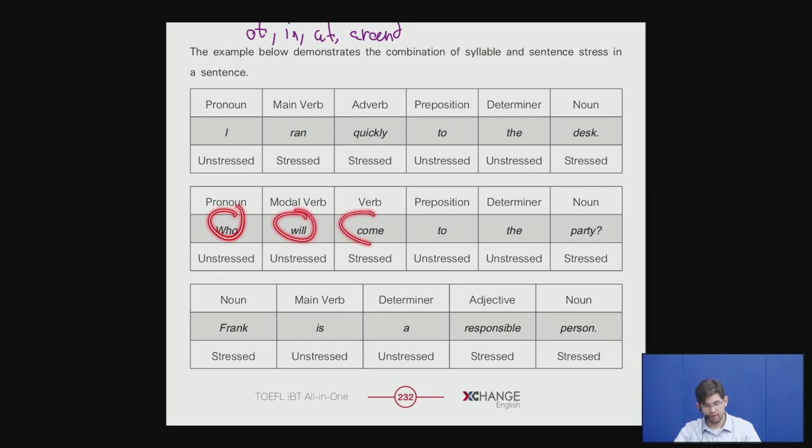Our next one. Who will come to the party? All those words right across, no real stressing. Let me try to emphasize again our main verb. Who will come to the party? And right there you heard the giant C as I hit that word nice and hard. That big come to the party.